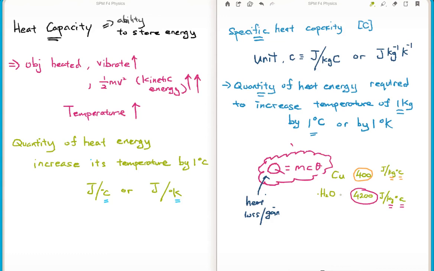Water is 4,200 joule per kg per degree C, meaning you need more energy to increase 1 kg by 1 degree C if we are comparing with copper. So this is how you look at specific heat capacity, the ability to store energy.